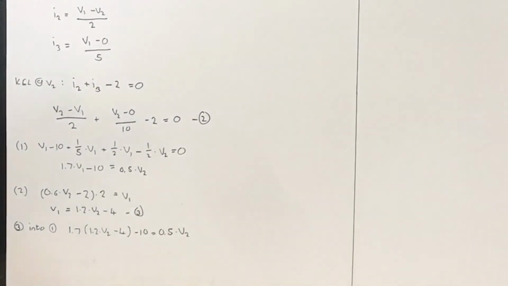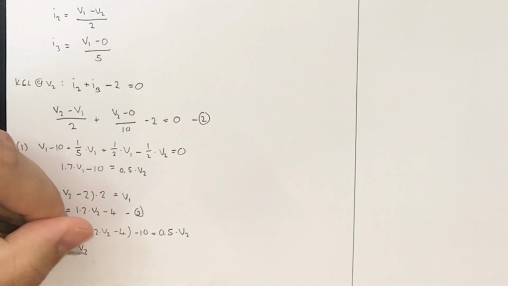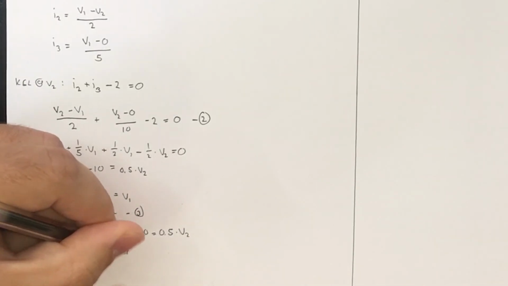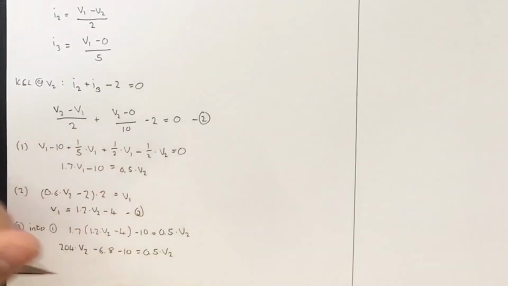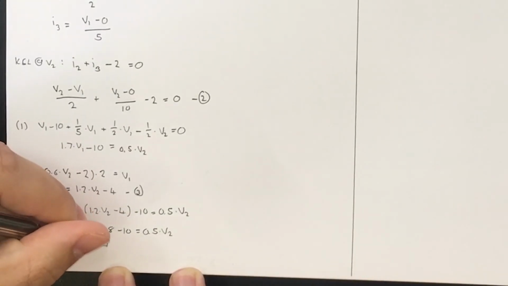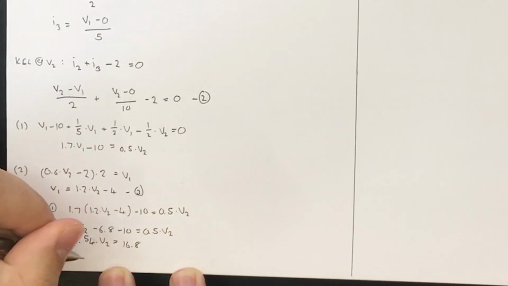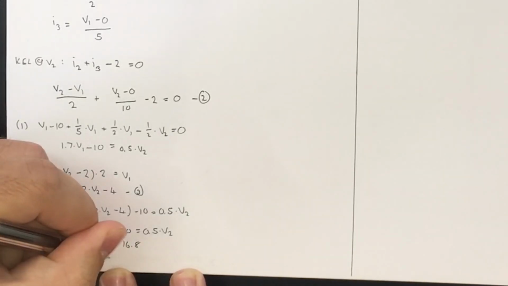Then we multiply out this bracket, we get 2.04 V2 minus 6.8 minus 10 is equal to 0.5 V2. Last simplification step, we have 1.54 V2 is equal to 16.8.